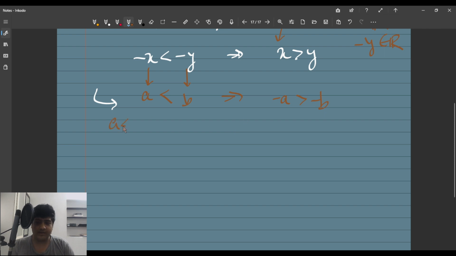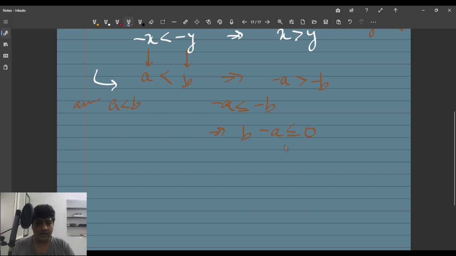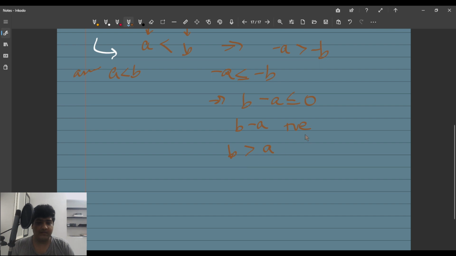So assume a is less than b, but minus a is not greater than minus b, that is, minus a is less than or equal to minus b. Okay, I didn't do it correctly, I rushed through it again as usual.